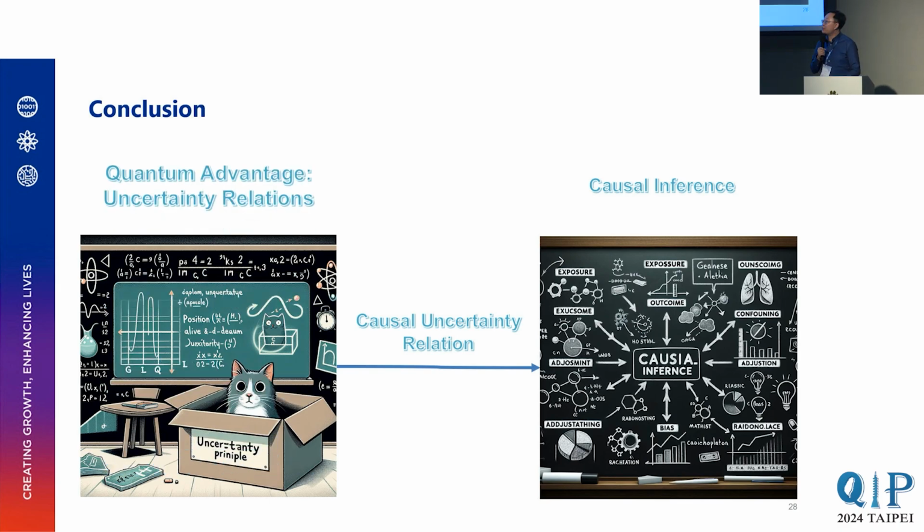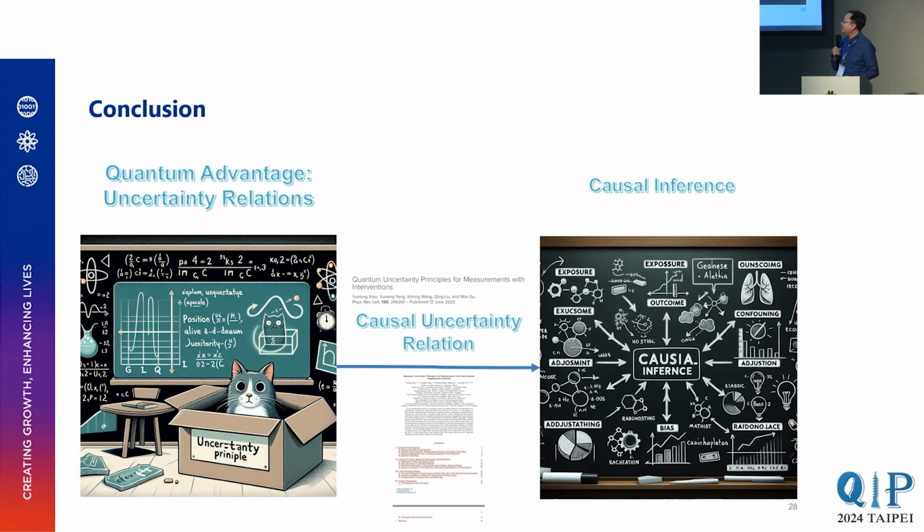If you want to know the story, you can find our paper here. But if you want to find all the mathematical details, we also offer 47 pages of supplementary material. So our paper is definitely non-expert friendly, but our supplementary material is also expert unfriendly. Thank you so much.